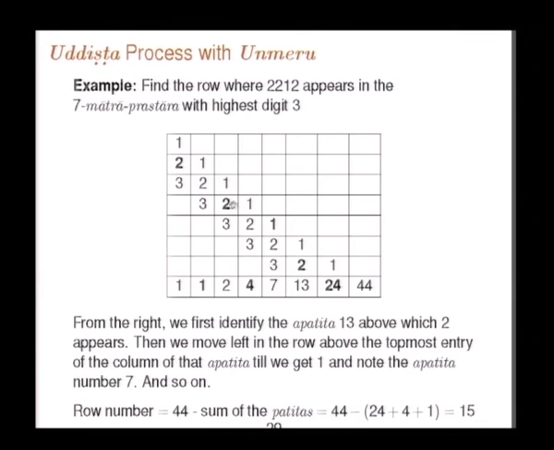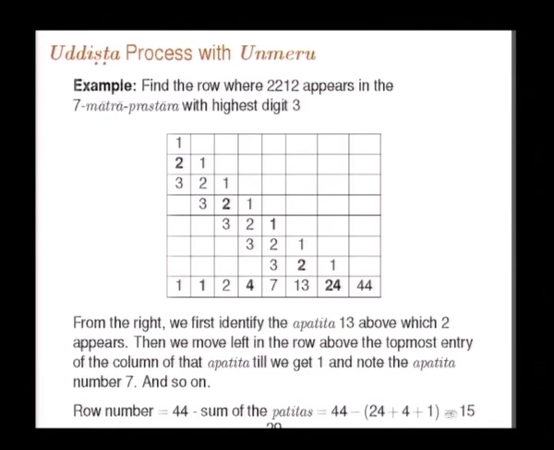Then go to the top of that, go to the left till you find the next 2 that is here, this is another apatita. Then go to the top of that, go to the end of that till you find the last 2. So, you have found your 2, 2, 1, 2, they are arising in the columns 13, 7, 2 and 1, those are the apatita sankhyankas. The patita sankhyas are the others, those are 24, 4 and 1.